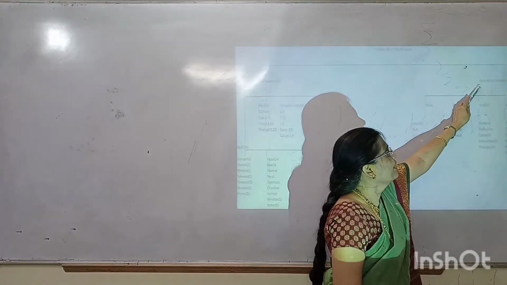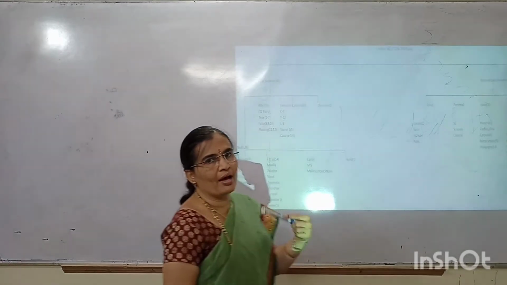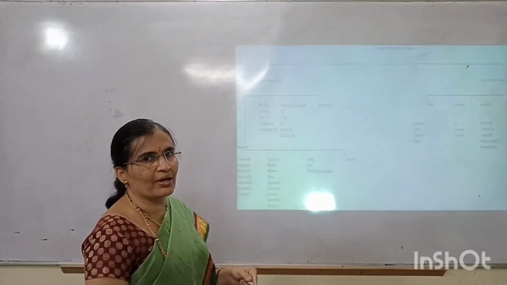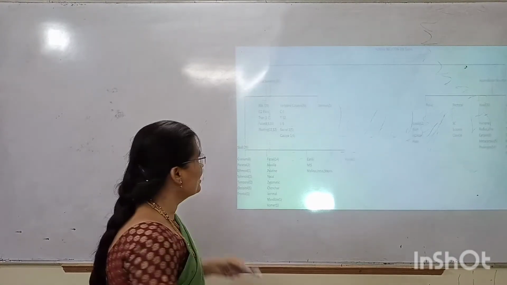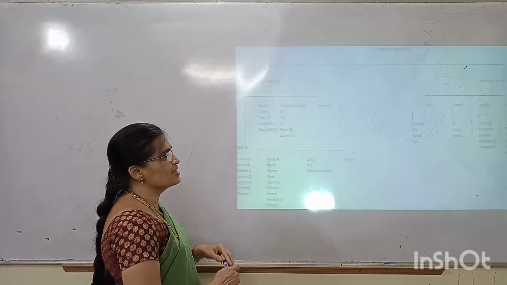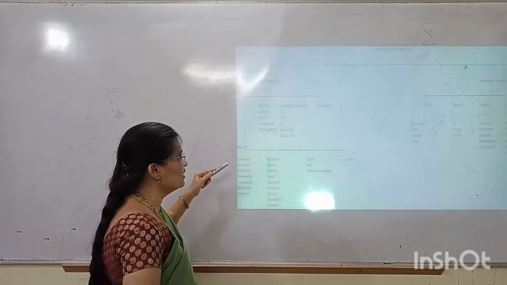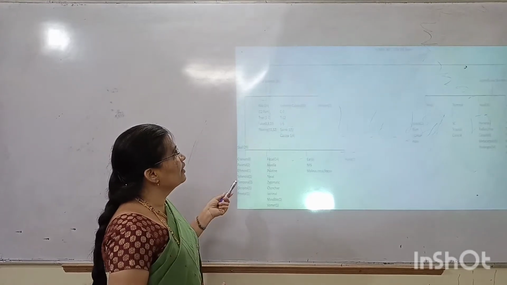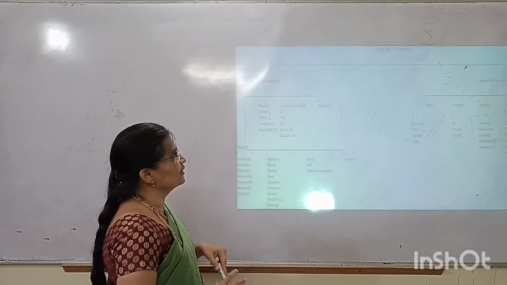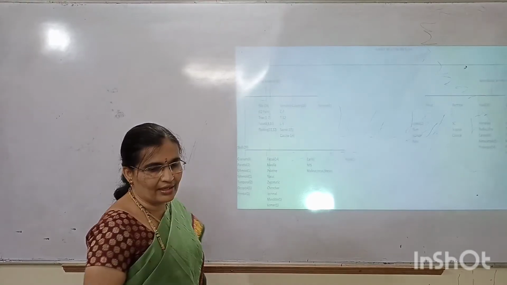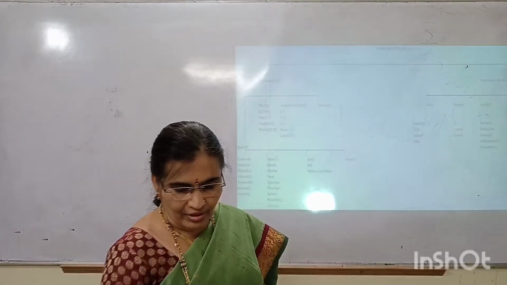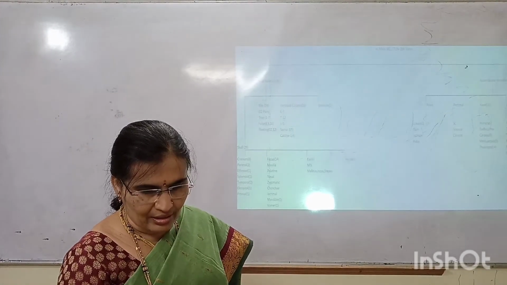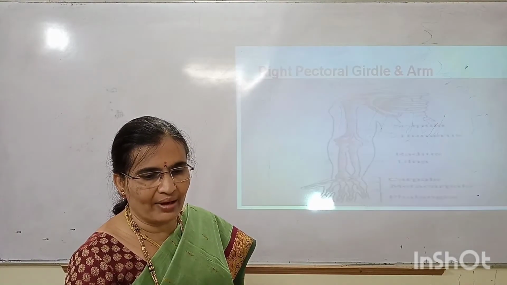They comprise the appendicular skeleton. Now we shall see all these bones of the axial skeleton in detail, one by one.